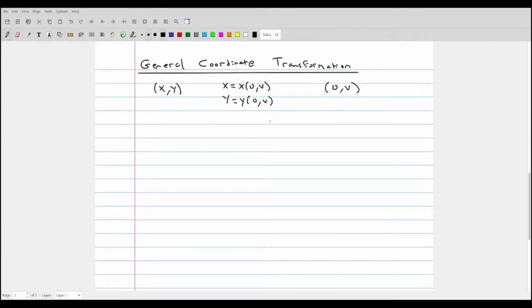So more generally, we can think that a coordinate transformation is going to be, we have old coordinates x and y, and new coordinates u and v, and in general, x is a function of the new coordinates, and y is also a multivariable function of the new coordinates.